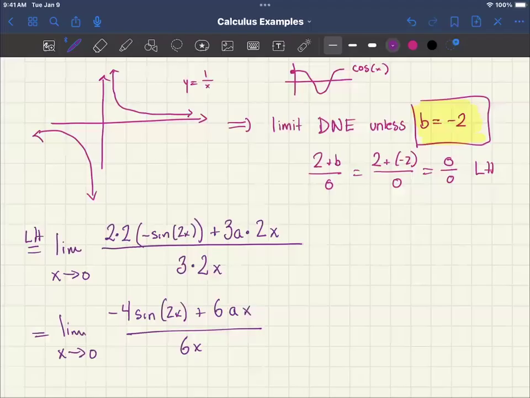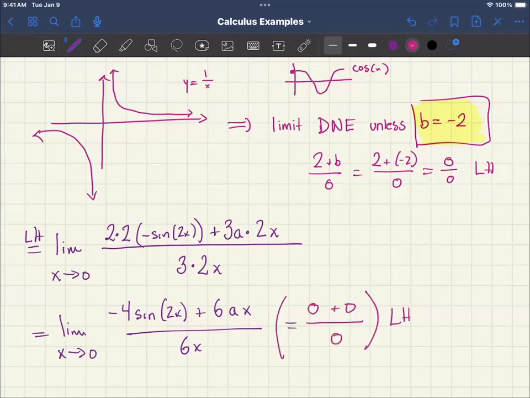All right. Now we again plug in what happens at 0. Sine of 0, as we saw before, goes to 0. If we have 0 times 6a, that's going to be 0. 0 times 6 is 0. So this is, again, set up for another L'Hopital's rule.